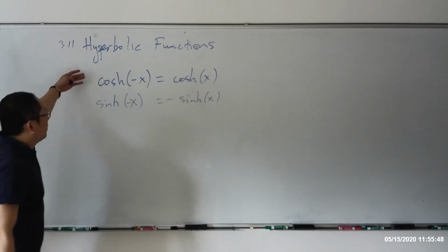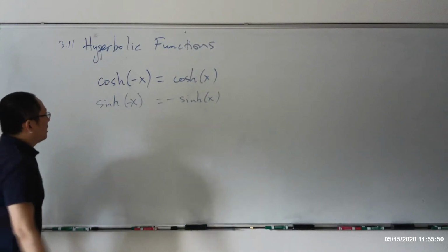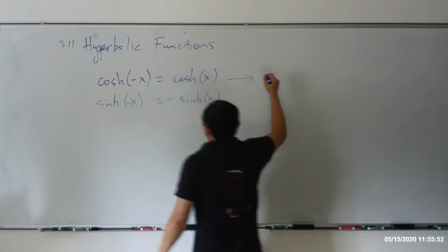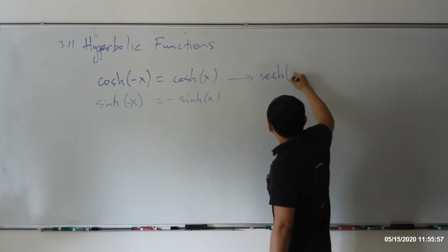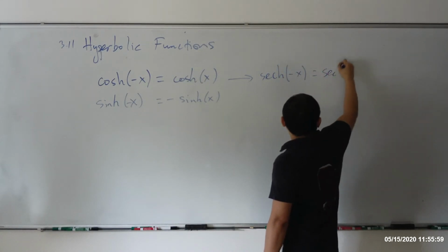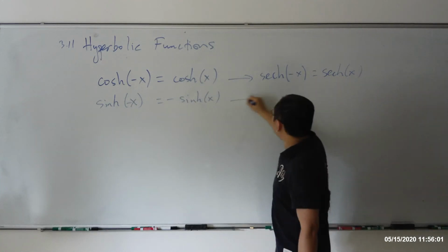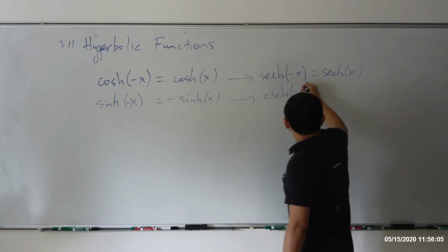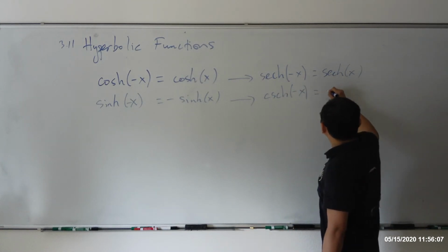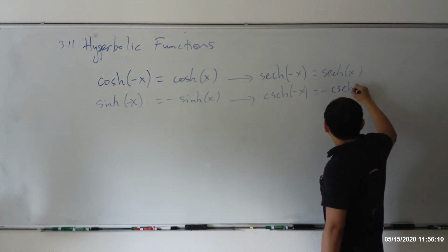So cosine is even, sine is odd. The reciprocal of an even function is still even, so secant hyperbolic of negative x equals hyperbolic secant of x. And cosecant is also odd, so cosecant of negative x equals negative cosecant of x.